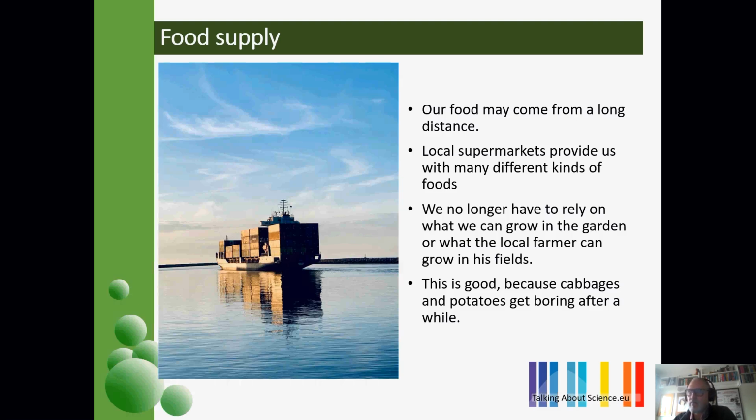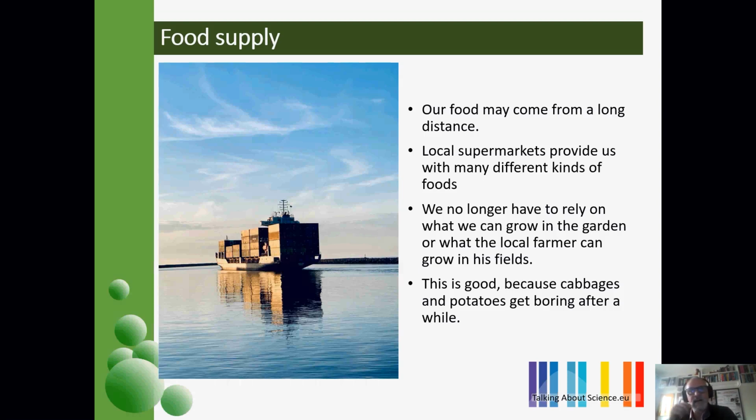But this leads us into thinking about food supply and the fact that, because of the density of population, there are now so many people that you no longer can only live off what you can grow in your garden or locally.